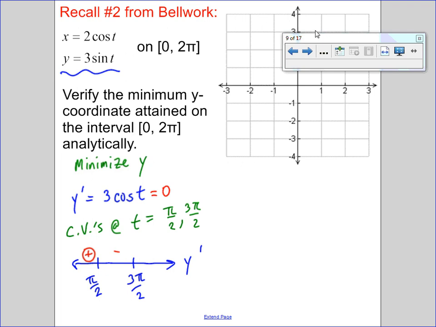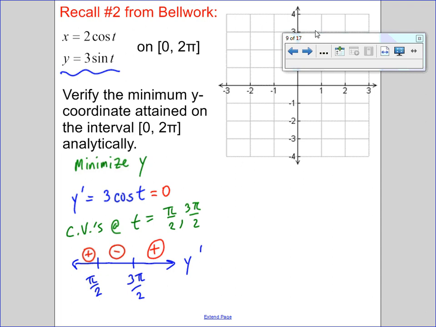Uh-oh. At 3 pi over 2, I have a y prime that equals 0. So then maybe 7 pi over 4? You want 7 pi over 4? At 7 pi over 4 cosine is positive.